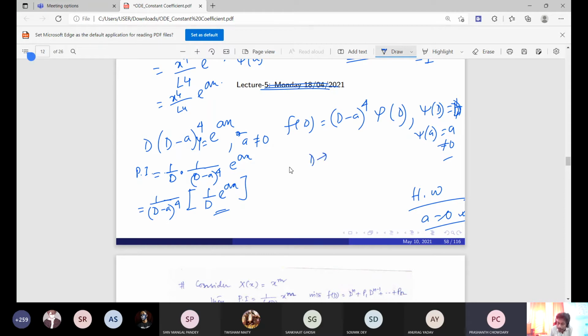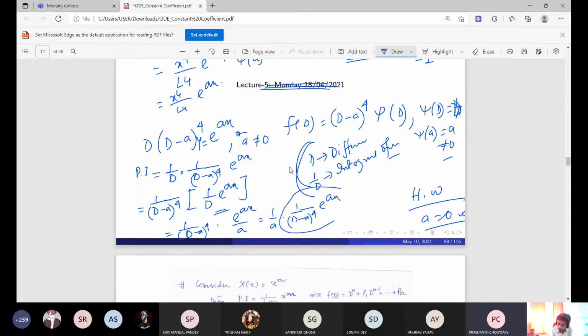D is the differential operator, right? So 1 by d, as I have mentioned earlier also, is the integral operator. You remember that one, so it is integration. So it will be 1 by a, 1 by d minus a to the power 4, e to the power x.